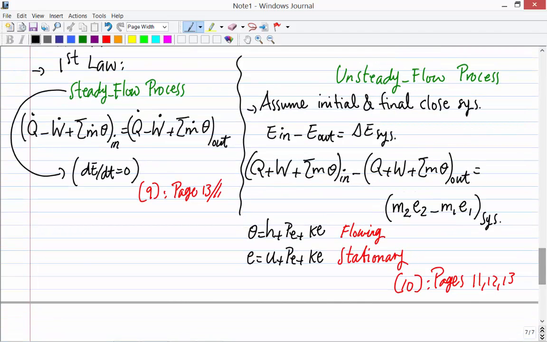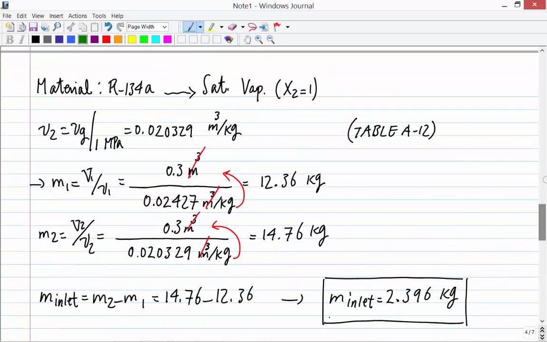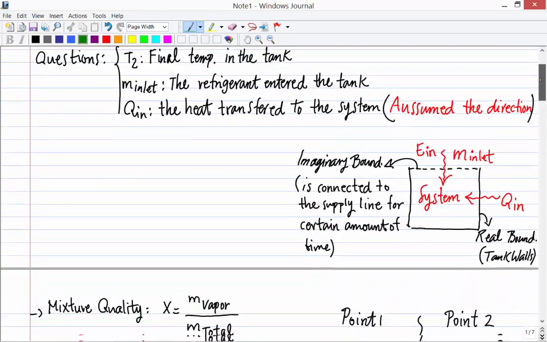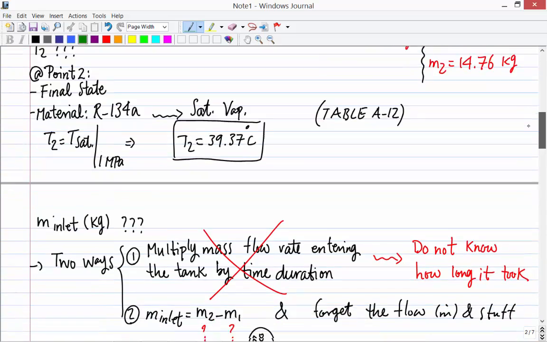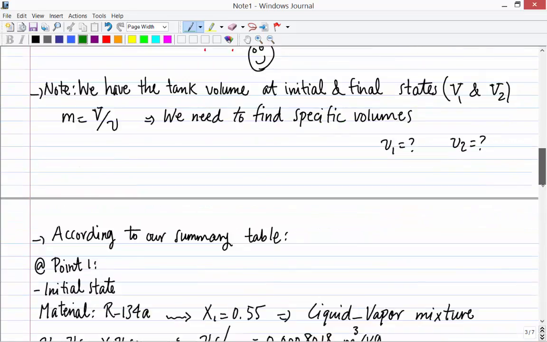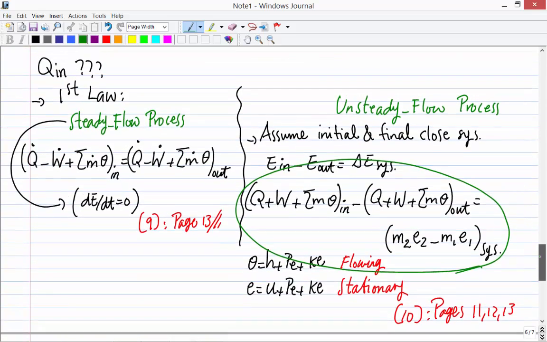Therefore, I'm going to use this beautiful equation because I don't have any flow rate, and I already forgot those flow terms as I told you here. Forget the dots.